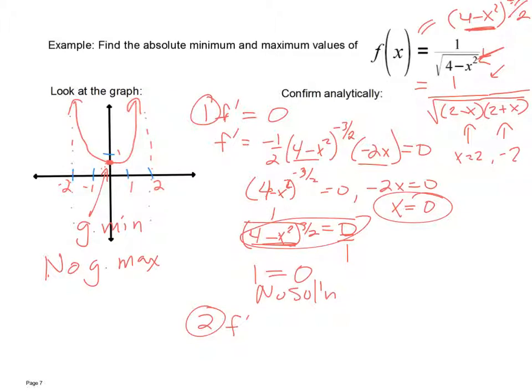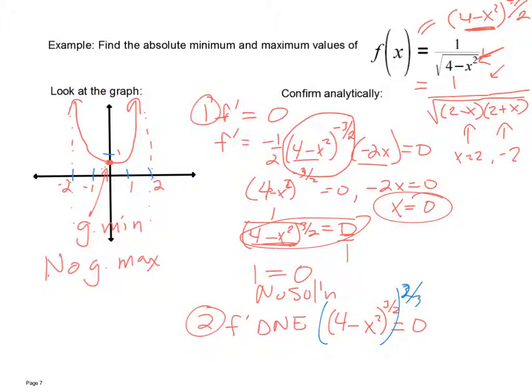So what about where f prime does not exist? Well, the only place where f prime would not exist is where the bottom of the derivative equals 0. Well, this is really the bottom of the derivative, right? Because it's a negative exponent. So we really need to look at the bottom and find out where it equals 0, right? Well, let's solve it. So I'm going to raise this whole thing to the 2/3 power to cancel this.